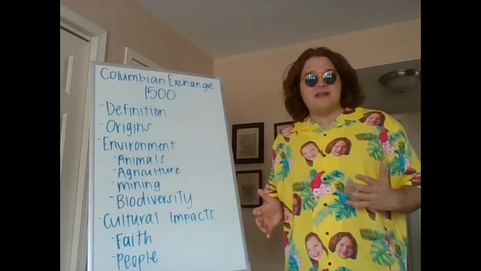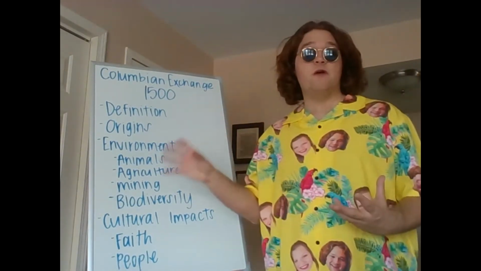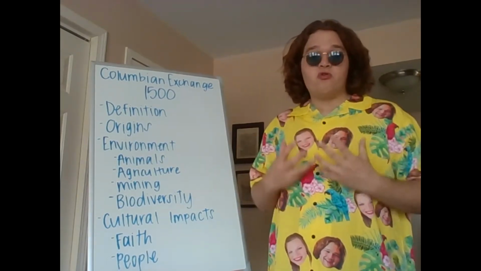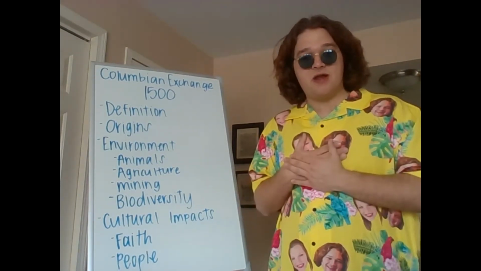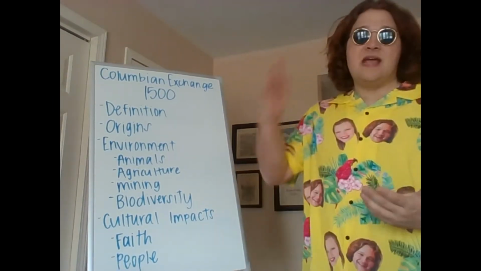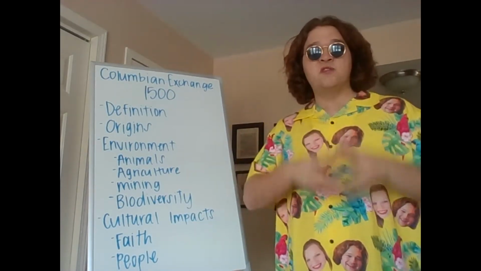And overall, the big idea is that people are not just going to convert to a faith wholesale. They're going to take parts of what they know, combine it into Catholicism to create a mixed version that fits them better. Cultural impacts also include people. Africans, Native Americans, and Europeans are all going to start living in South and Central America together.